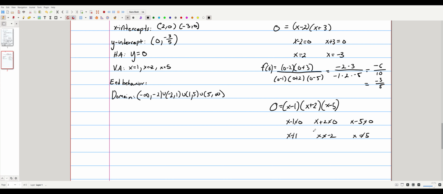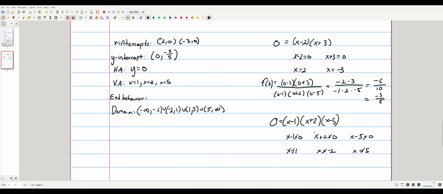And because we do have a horizontal asymptote, our end behavior is going to be mimicking that horizontal asymptote. So really, the end behavior is only going to require some calculation if we end up in case 1, which is when the degree of the top polynomial is larger than the degree of the bottom polynomial.